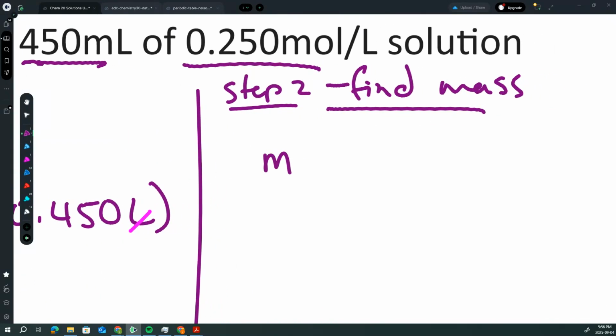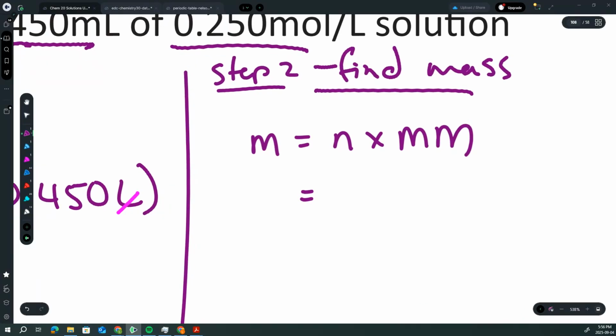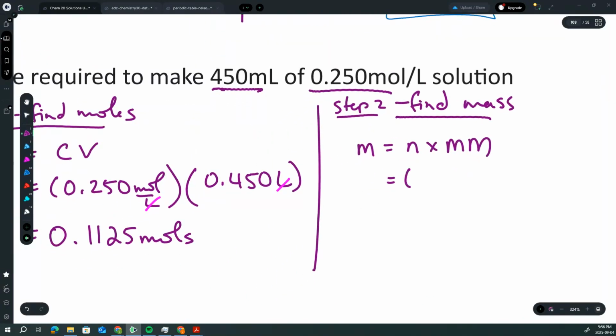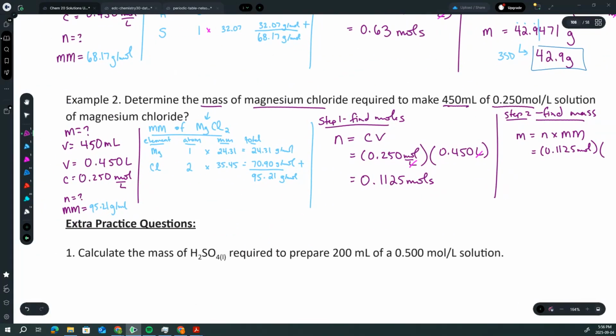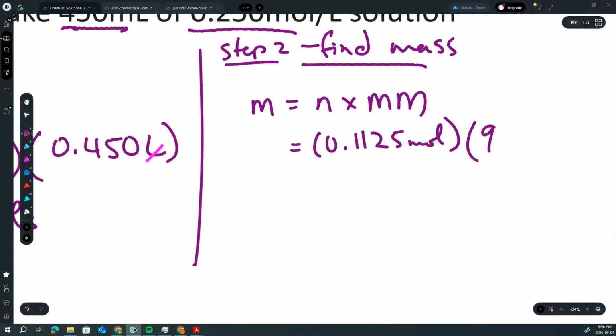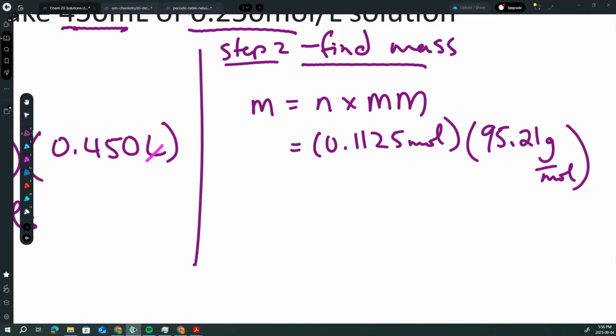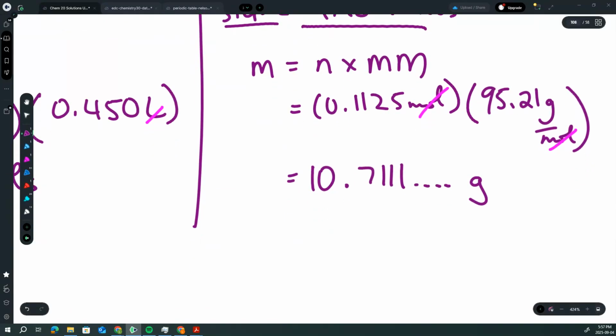All right, so mass is equal to moles times molar mass. So moles, that was 0.1125, and then molar mass, that was 95.21. So moles cancels out, and I'm left with 10.7111 grams. The number keeps on going forever.